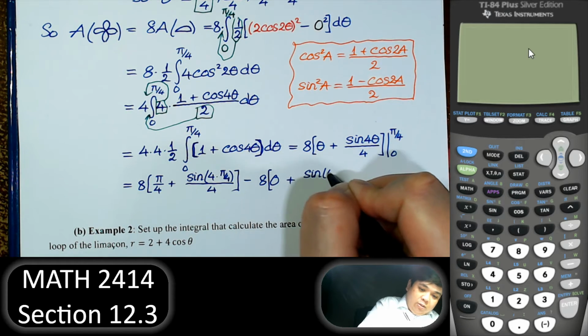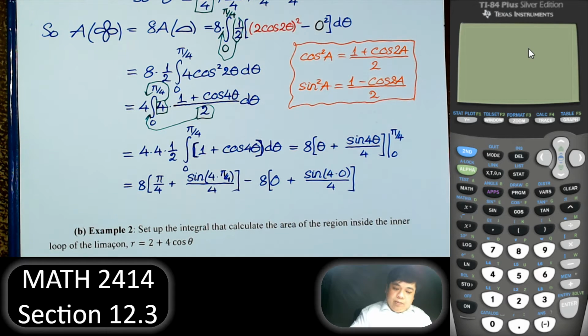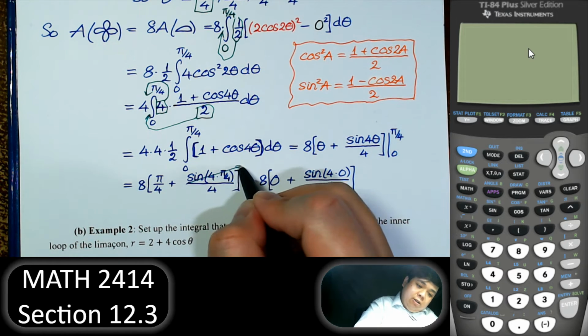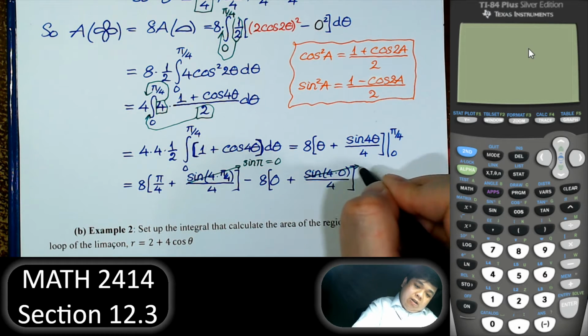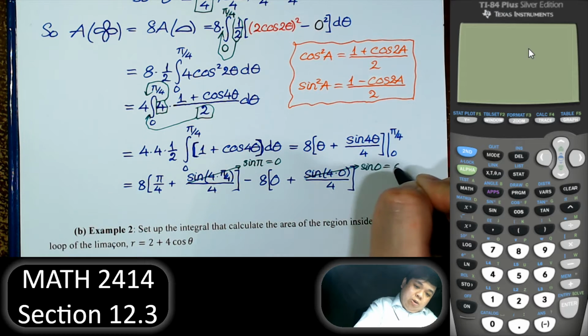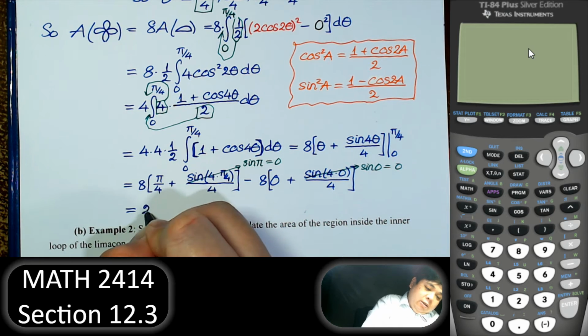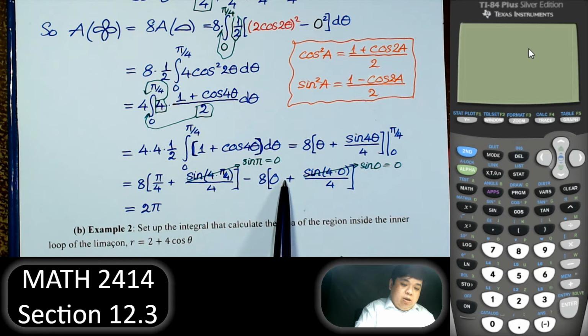Sine of 4 times 0 over 4. Now, this is sine of pi, which is 0. And then sine of 0 is also 0. So those are cancelled out. And we have 8 times pi over 4, so it will be 2 pi. And then 8 times 0, so just 0. So pretty much, yes, just 2 pi.